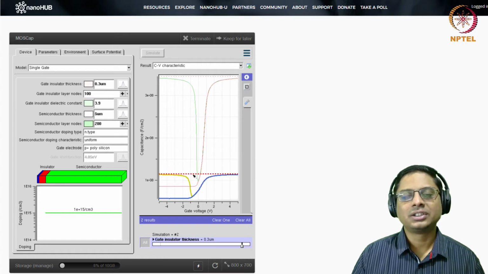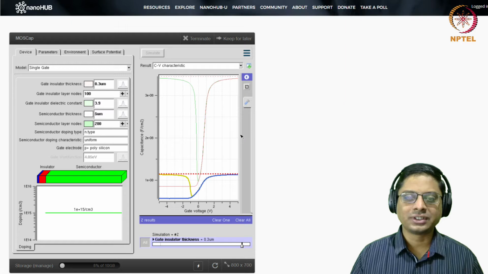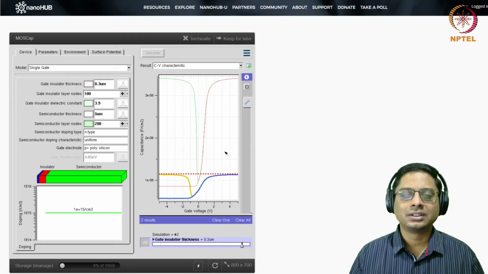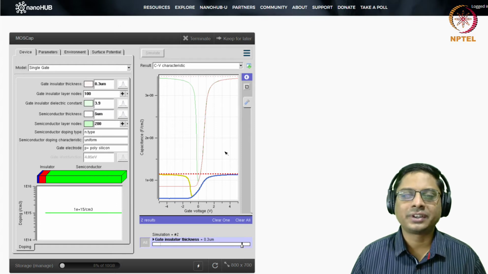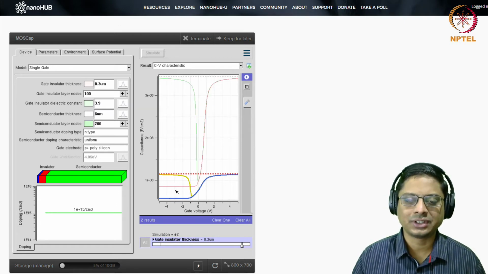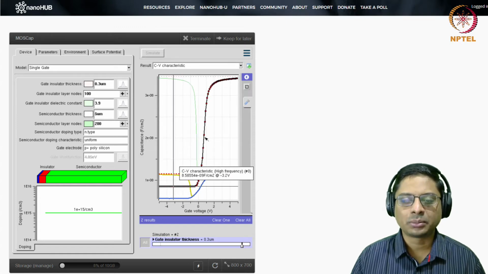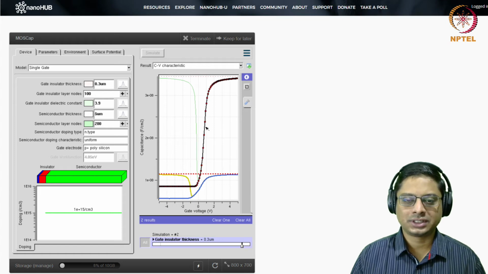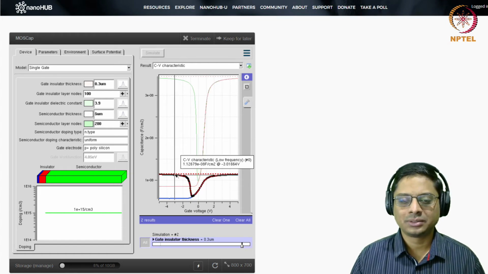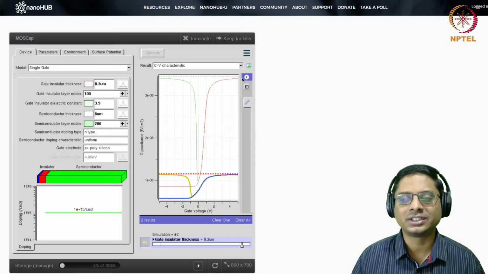If you look at both these CV characteristics, what do you conclude about the effectiveness of the gate? We say the gate is very effective when it's able to have a significant difference between the oxide and inversion capacitance. By that measure, 0.1 micron thickness of oxide is much more efficient than 0.3 micron, because it is able to switch quite well, if we call this the on state and this the off state.